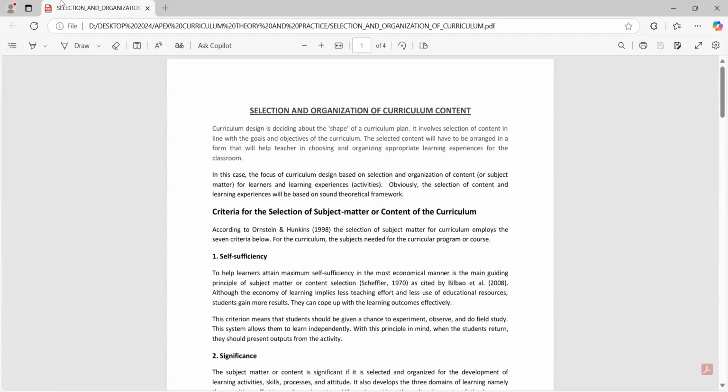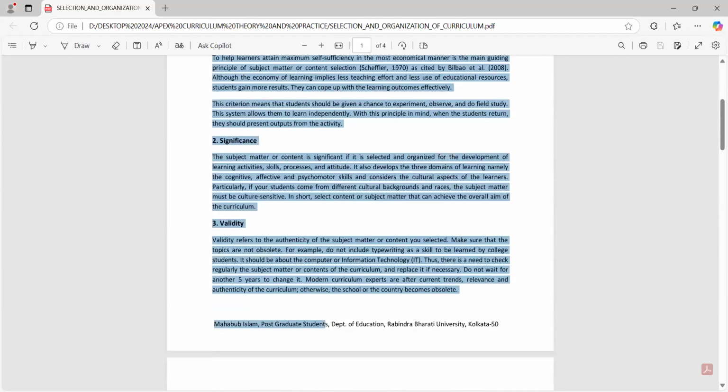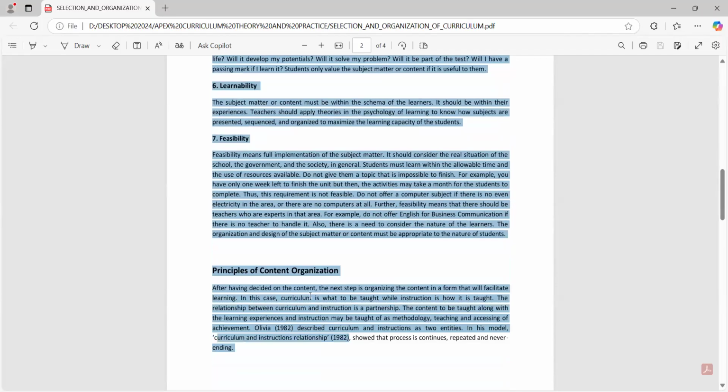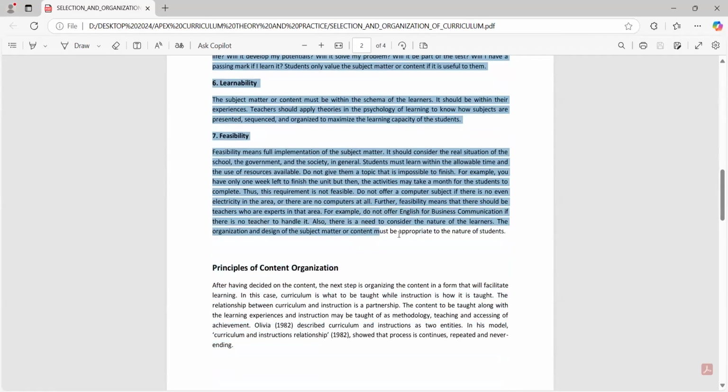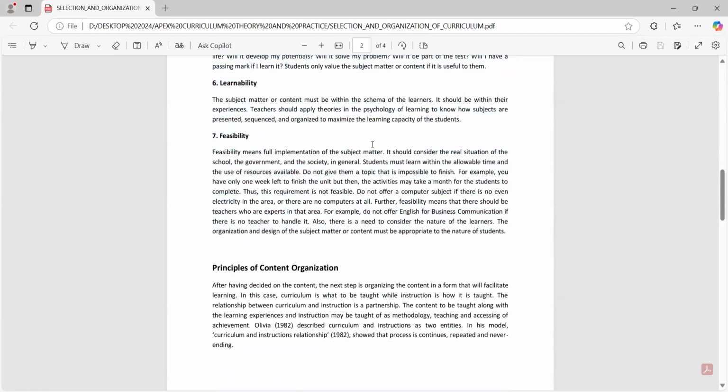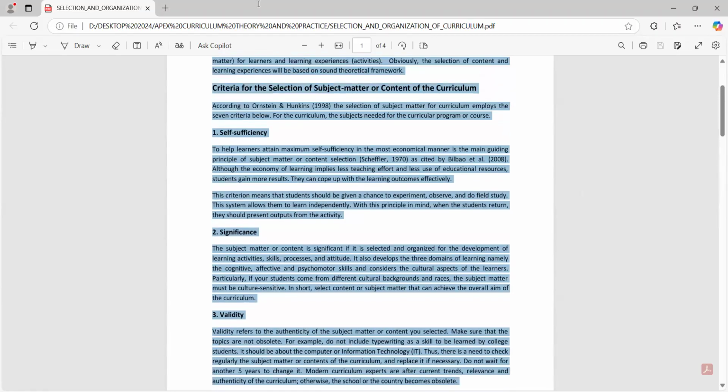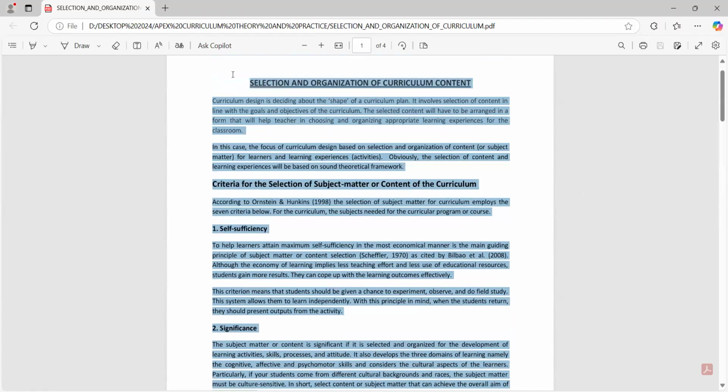Yes, madam. Do you want me to put this note into your chat? Yes, ma'am. But content organization, I will not put. Okay. Because it's not yet done, then you will get it confused. So I will copy paste it into a new Word document and put it into the chat.